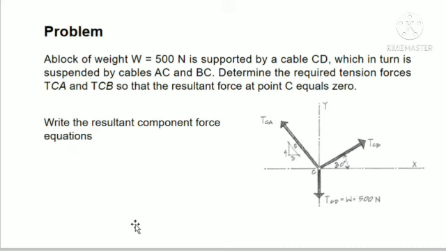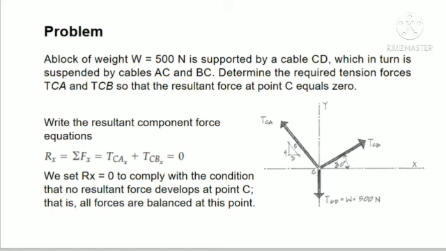So third step, we're going to write the resultant component force equations. We have Rx is equal to the summation of forces along X, which is equal to tension CA along X plus tension CB along X, that is equal to 0.